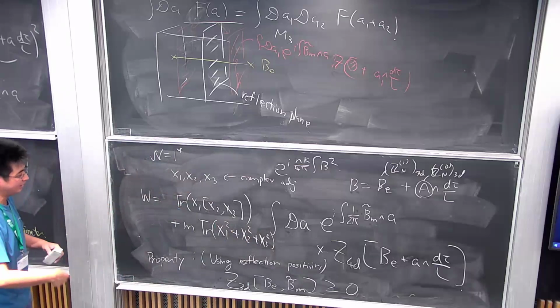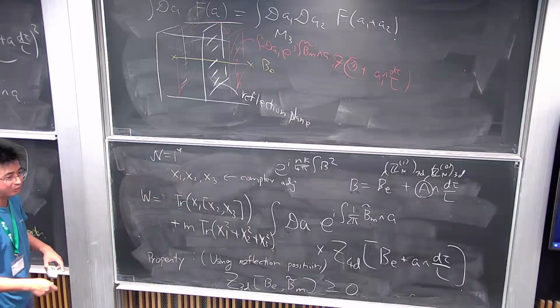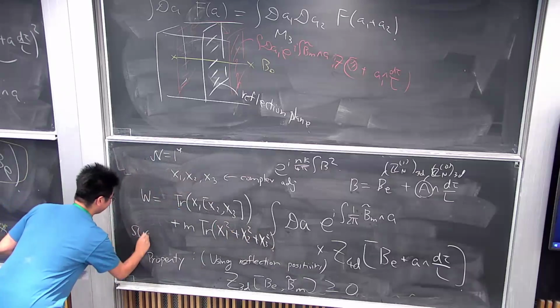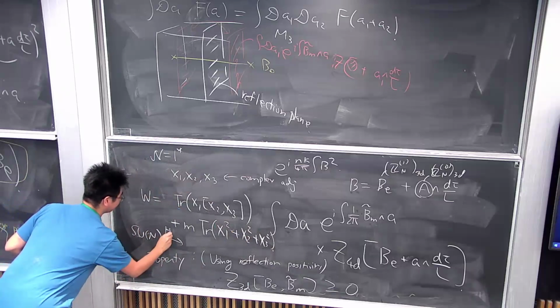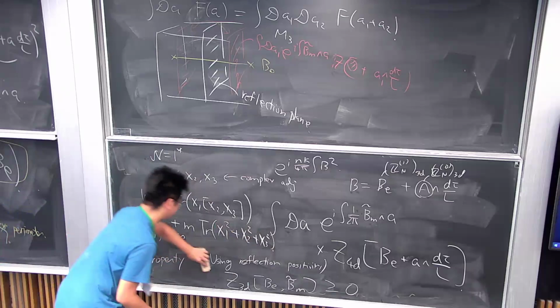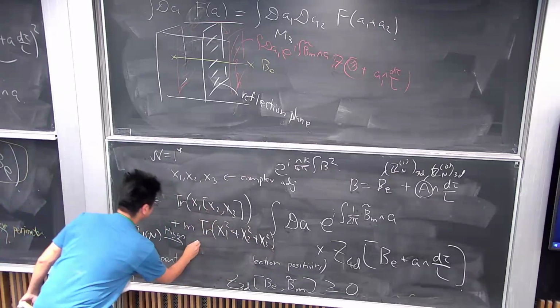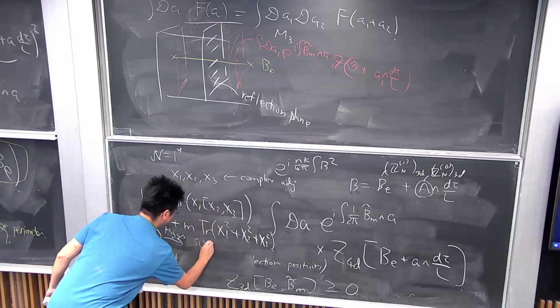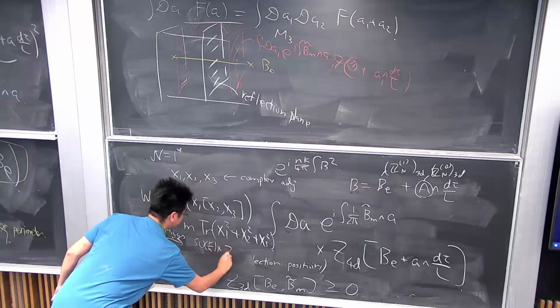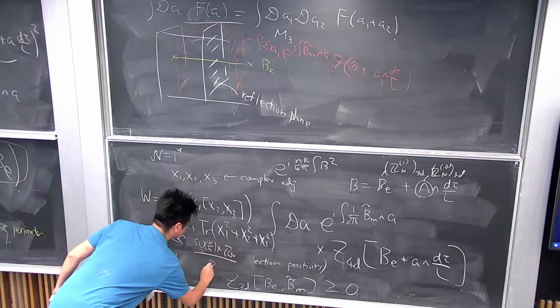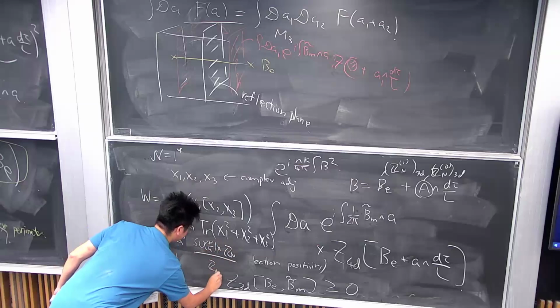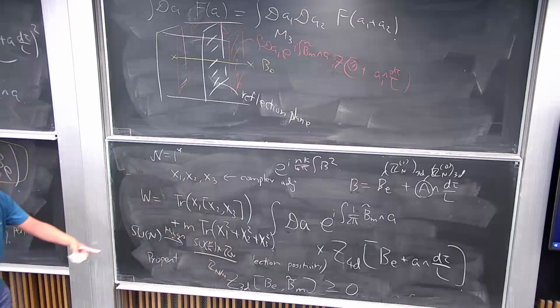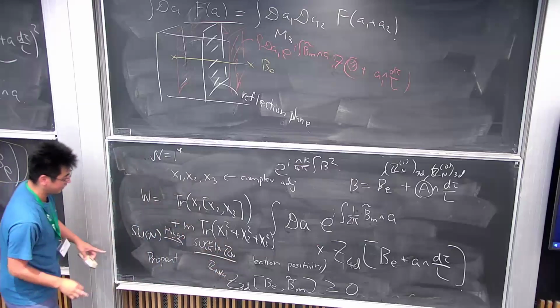Depending on the solution of that fuzzy sphere configuration, you can get the Higgsing of SU(N).